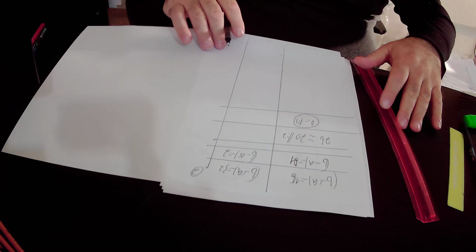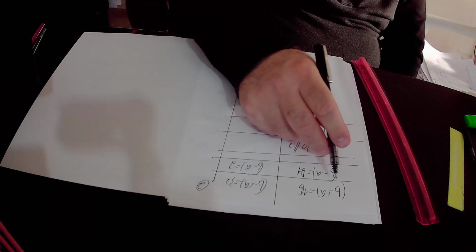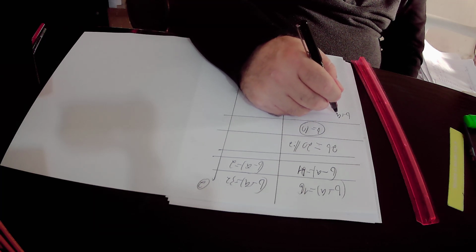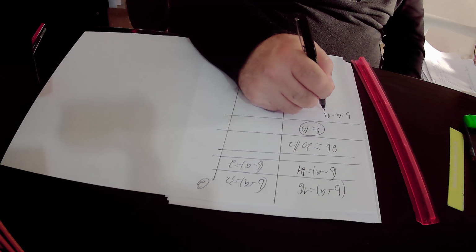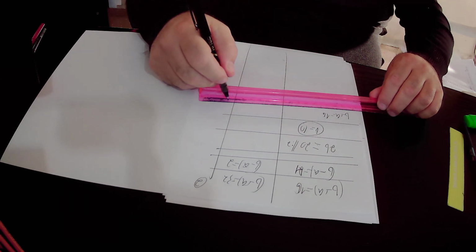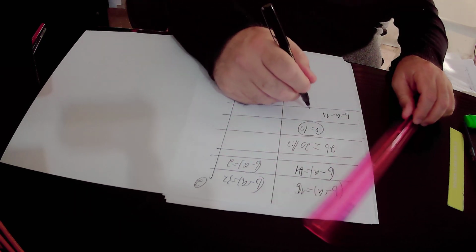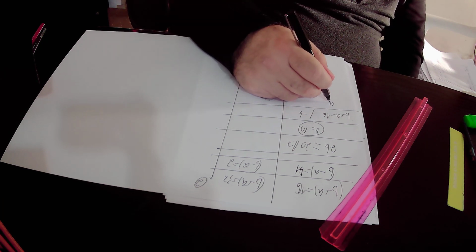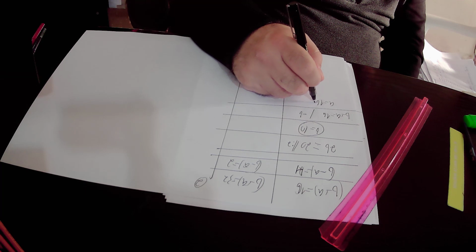And here we have the equation b plus a equals 16. Here we will subtract b from this equation, and we will get that a equals 16 minus b.